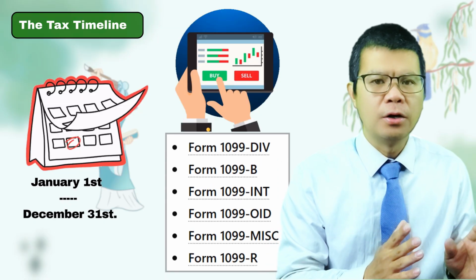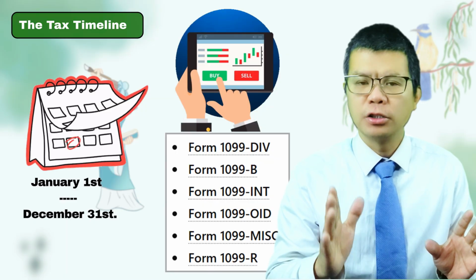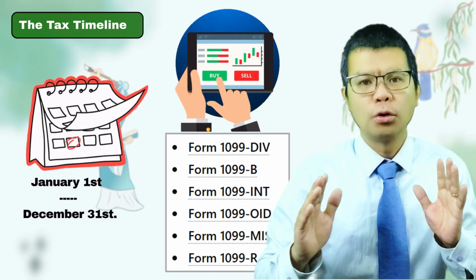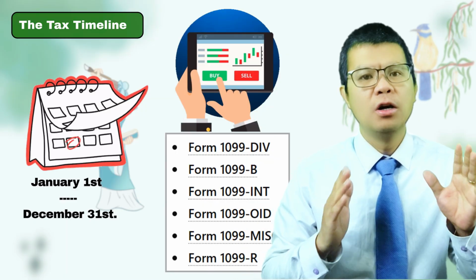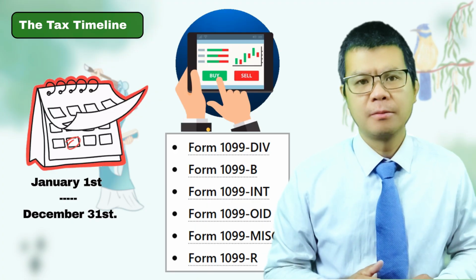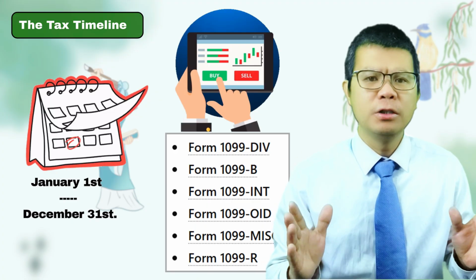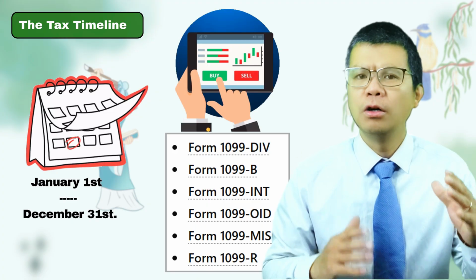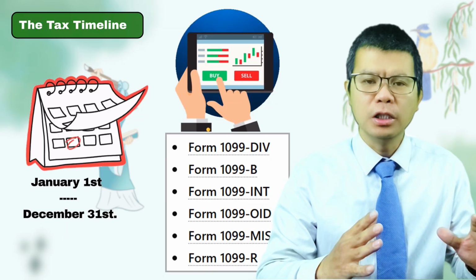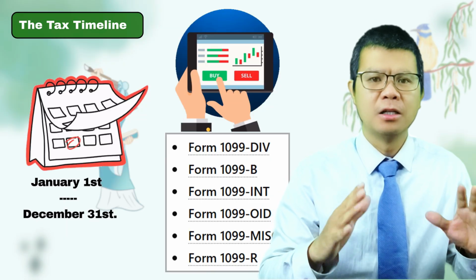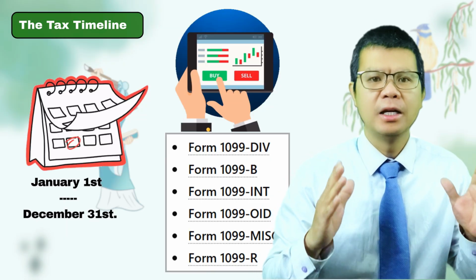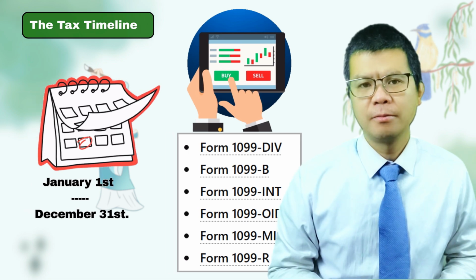So even though the year is over on December 31st, your official tax documents won't appear immediately. They usually arrive a few weeks later, giving you all the details you need to report your gains, losses, and dividends and interest accurately. Once you have that timeline in mind, the rest of the process starts to feel predictable and manageable.